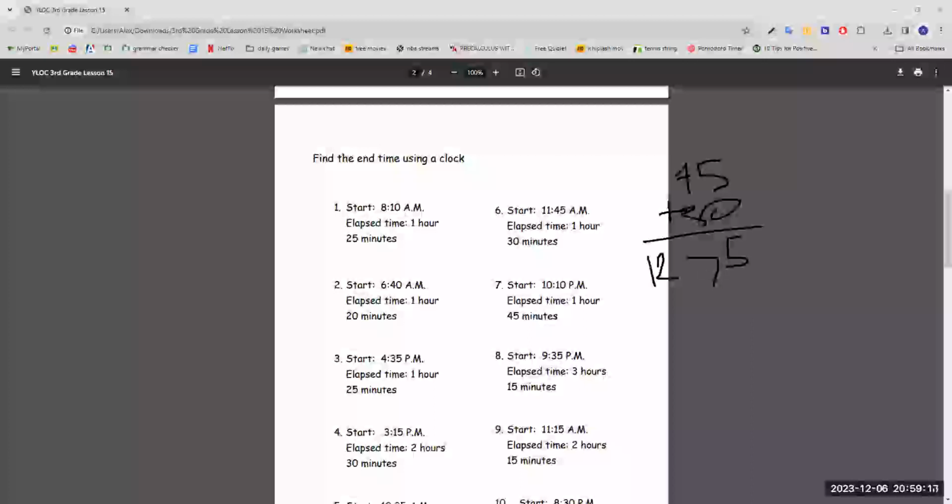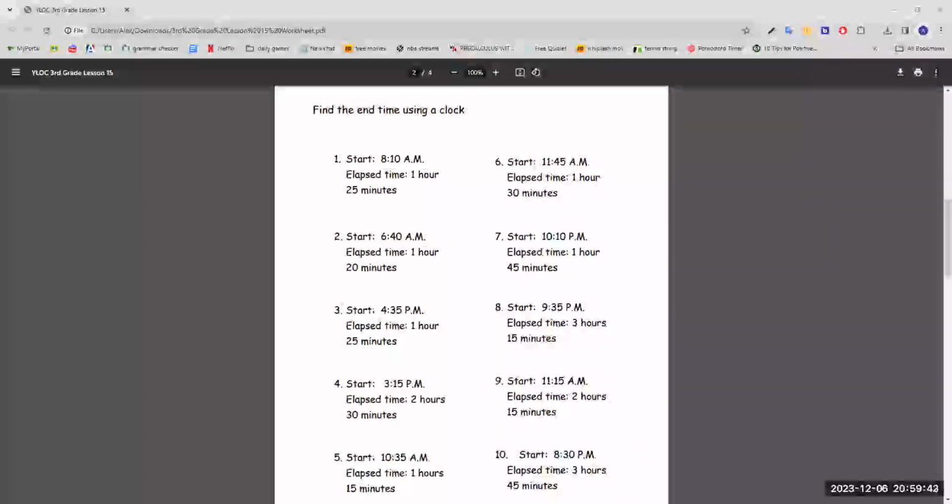And to find out how much, we do 75 minus 60. So we have 15 minutes left. And that would mean we add an hour to 12. So it becomes 1:15 p.m., not a.m., because we see that it's past noon, so it's p.m.